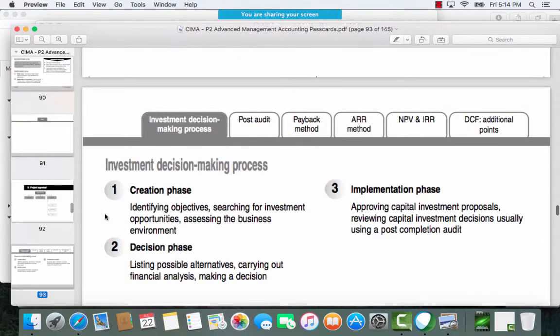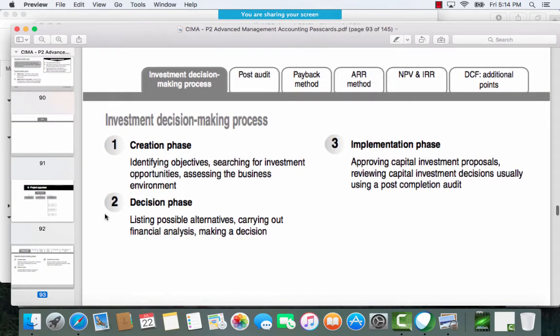Now, when it comes to the investment decision-making process, there's a creation phase, decision phase, and implementation phase. Let's toggle between our Spark Space case and this particular theory and see how we can relate to it.